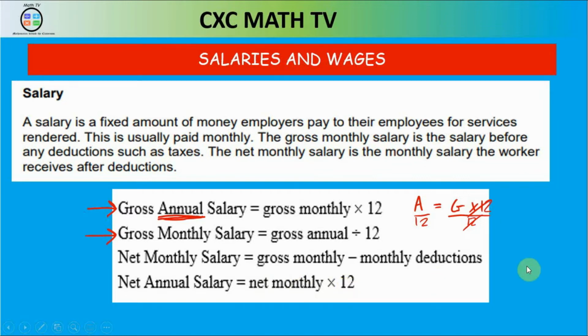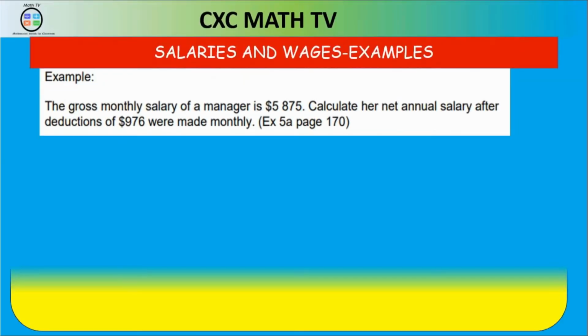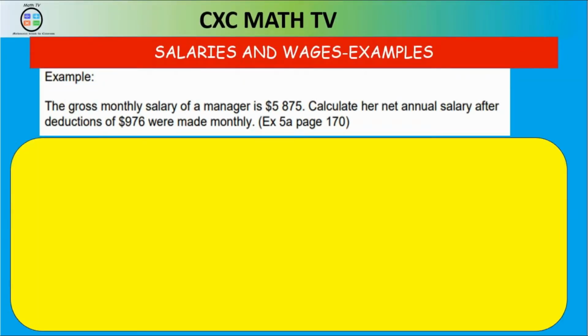It sounds like a lot, so let's utilize some of these in a question. So a question might say, the gross monthly salary of a manager is $5,875. Her net annual salary after deductions of $976 were made monthly. So we need to calculate that.